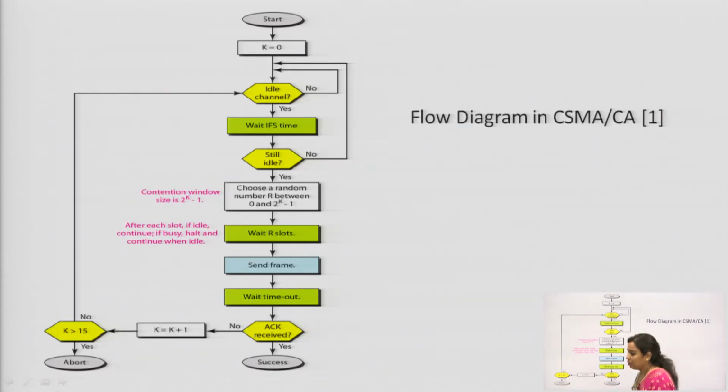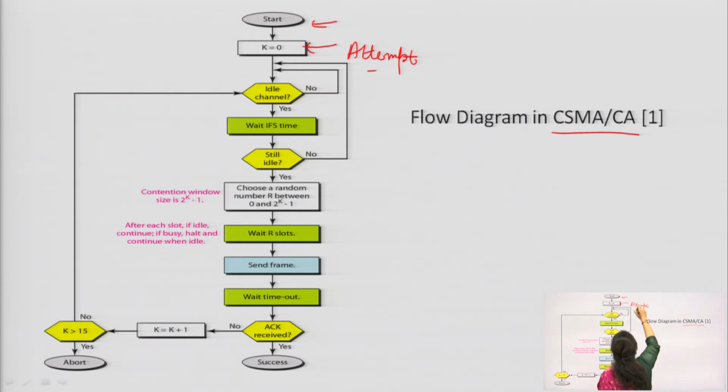So, this is the flow chart of the CSMA CA case, that is, carrier sense multiple access collision avoidance. We start the work with the 0th attempt, the number of attempts made. Then comes the idle channel check, where it has to see whether the channel is idle or not.